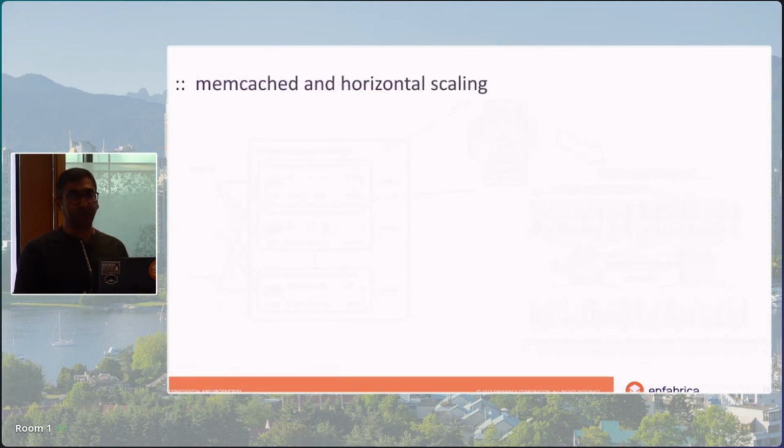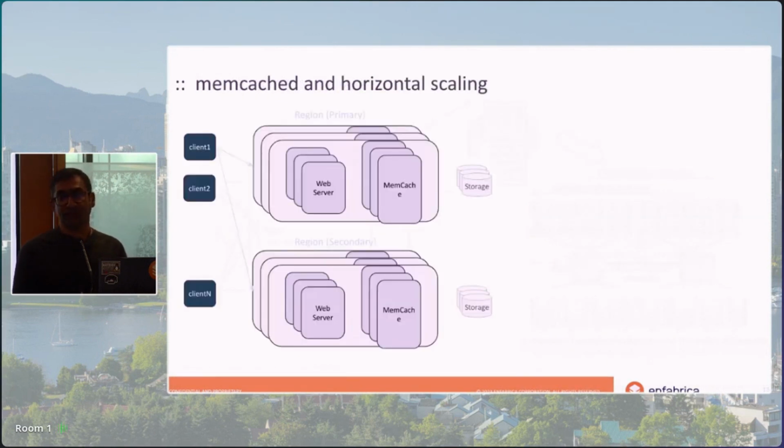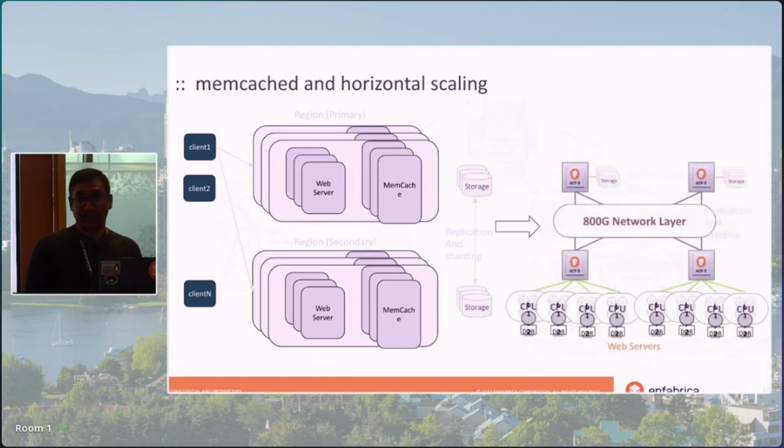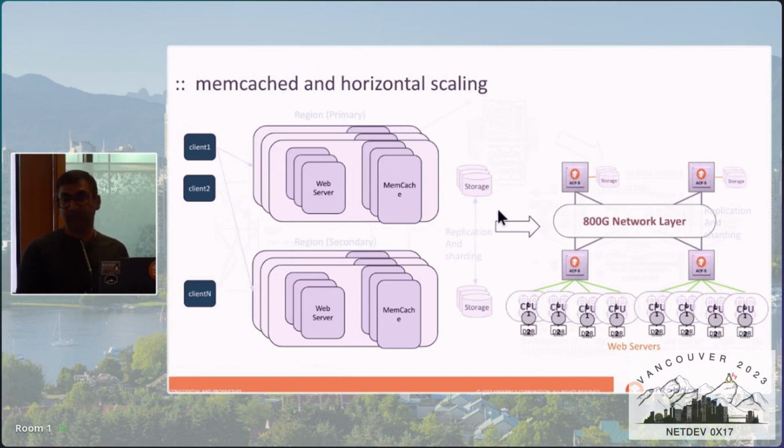Another example would be memcached, right? So if you think about memcached, what does memcached do? It basically says that I have a bunch of caching servers that take storage that is replicated and sharded and then present them through front-end web servers. I could completely redesign that system. I could completely redesign the system to say that on my CXL switches, I take my storage and I move them across the network.